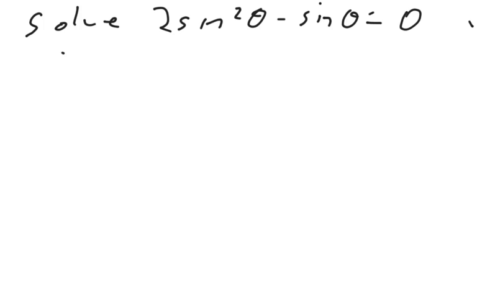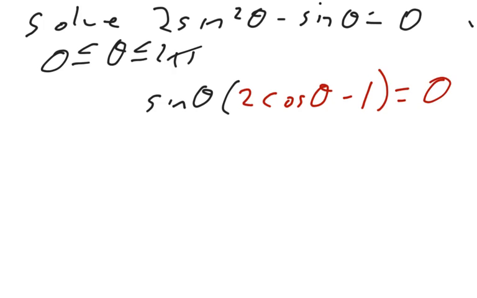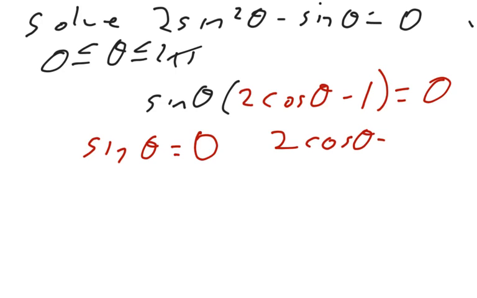Alright, for this one we're going to solve between 0 and 2 pi. We got 2 sine theta cosine theta minus sine theta. So I'm going to factor out a sine theta, since that's what they have in common. And we have 2 cosine theta minus 1 equals 0. So I set them each equal to 0.